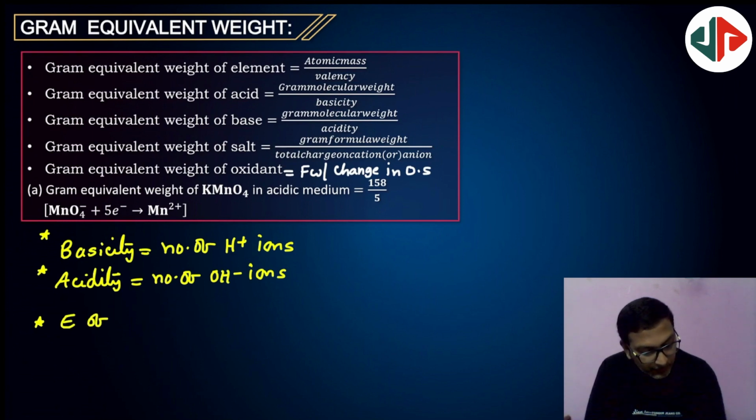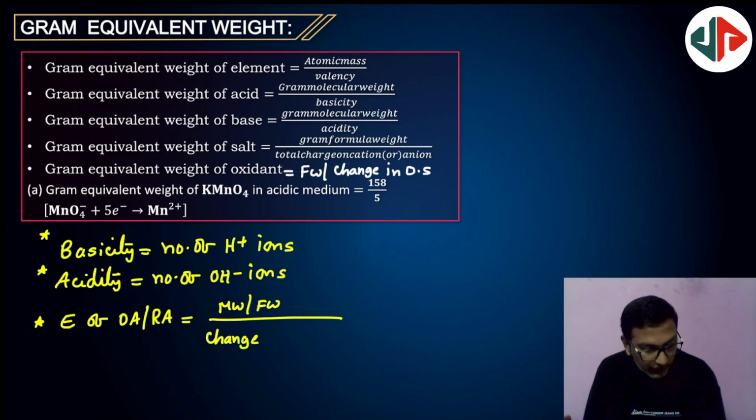Equivalent weight of oxidizing agent or reducing agent, or oxidant or reductant, is formula weight or molecular weight by change in oxidation state.